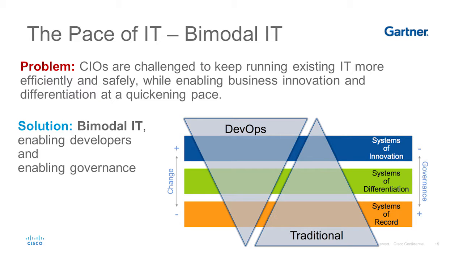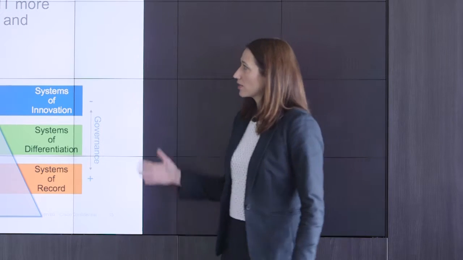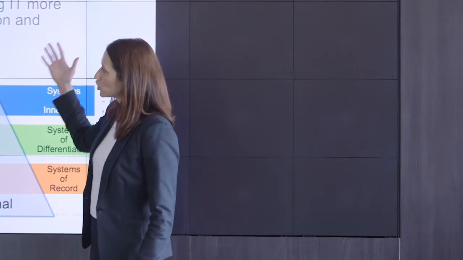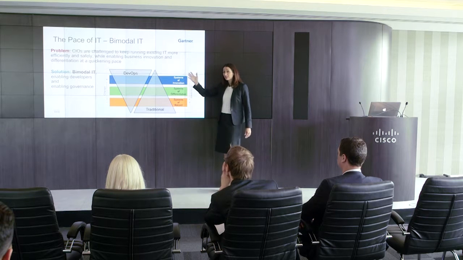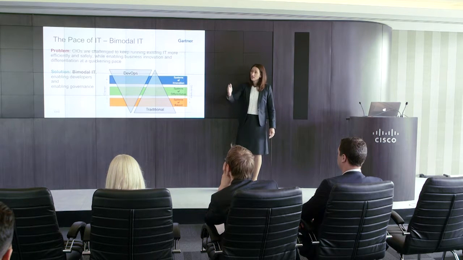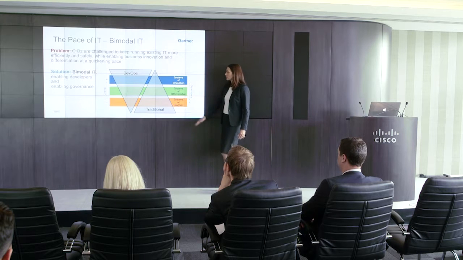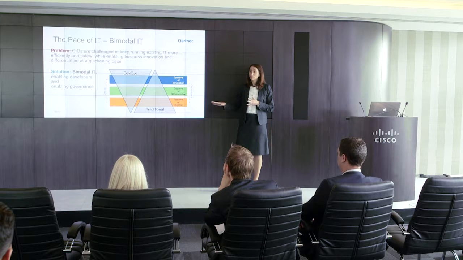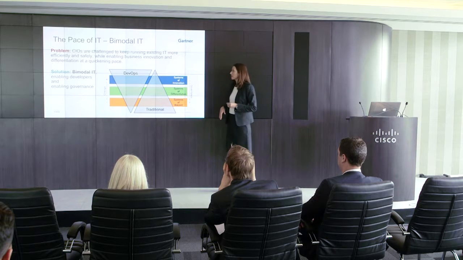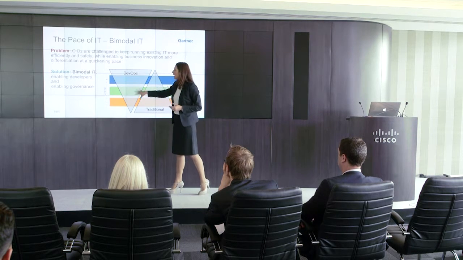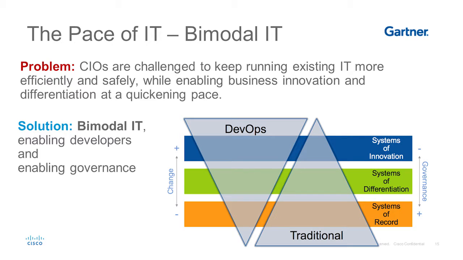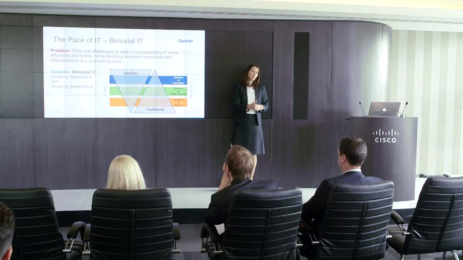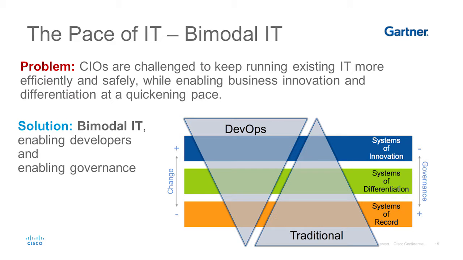The way Gartner sees it and the way the market sees it, in order to go to digitization and deliver innovation, differentiation of their brands and of their services, they need to have this traditional IT that needs to move into automation, and that's how we help them in an automated way. And then they have DevOps IT that is moving really fast and employing the innovation that the business needs to move to new business models, to make a differentiation for themselves.